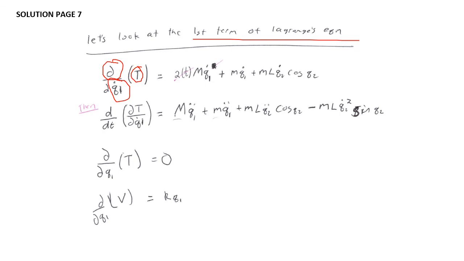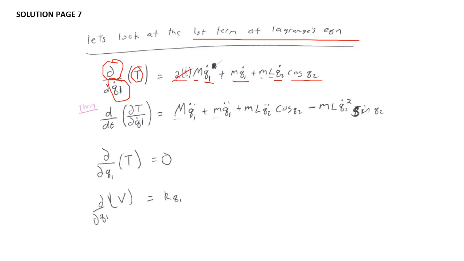When we take our partial with respect to q1 dot, we have 2 times 1/2 times m times q1 dot plus m q1 dot plus m times l q2 dot times the cosine of q2, where 2 times 1/2 combines to be a 1, cancels out there.